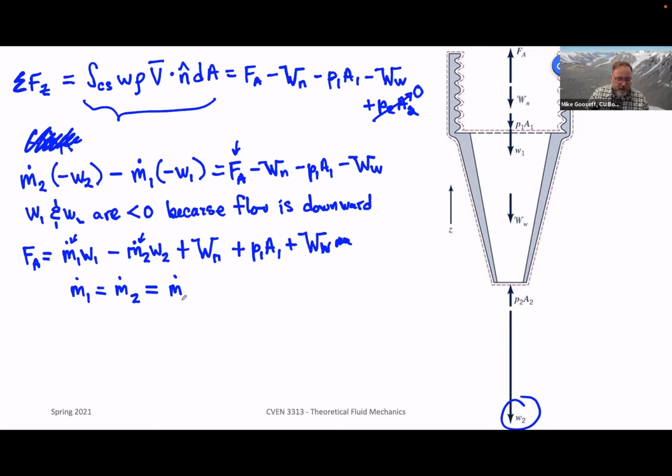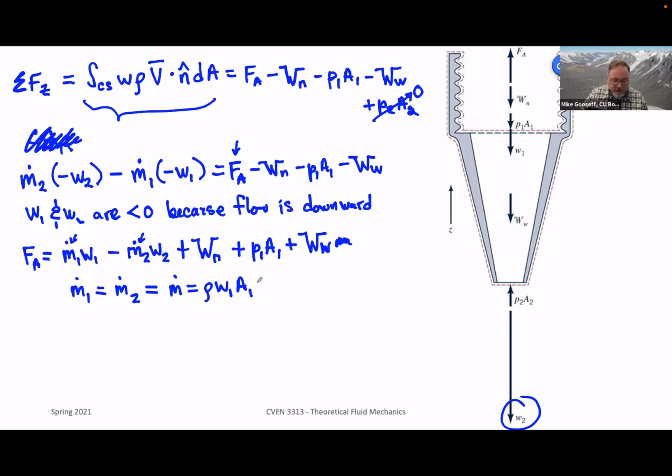So m dot then is going to be equal to rho, and I'm just going to choose the inflow, rho times W1 times A1. We could have also said it's equal to rho times W2 A2.